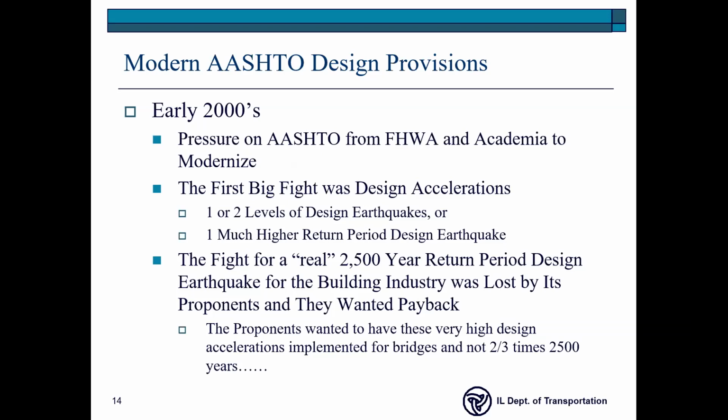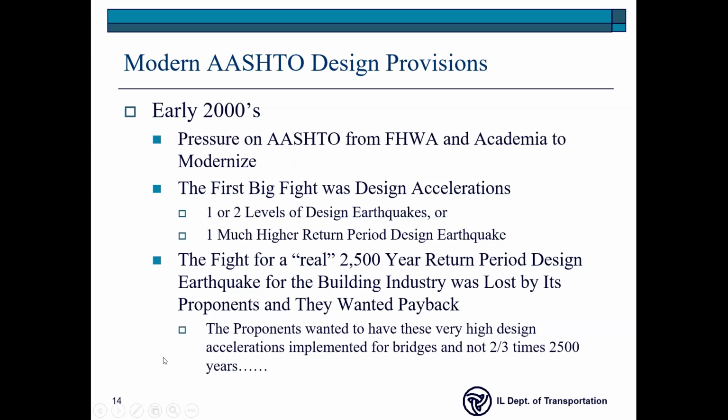Anyway, so one of the big fights had to do with what should we do for new design accelerations? And there was talk of having a much higher design return period from 500 to 2,500 years, or maybe 1,000 years, or maybe 1,500 years, or maybe we should have two different levels of design earthquake, 100 years and 2,500 years, and there's a lot of talk about that.